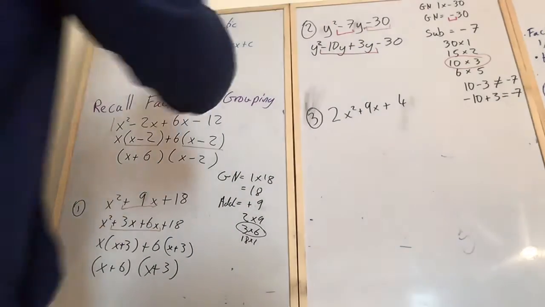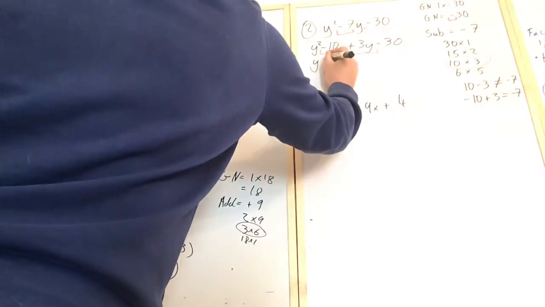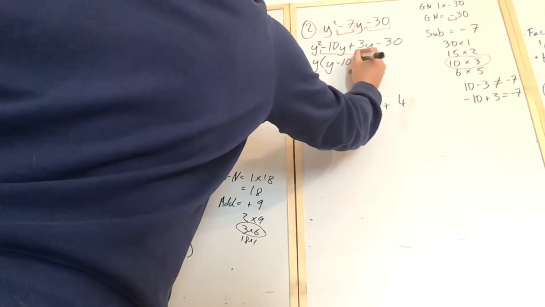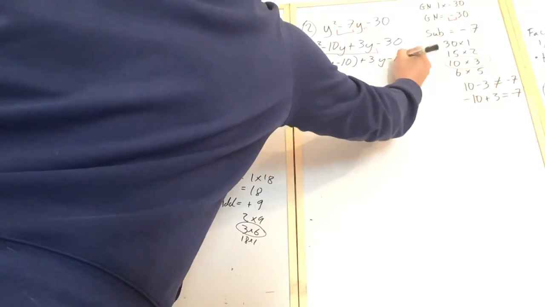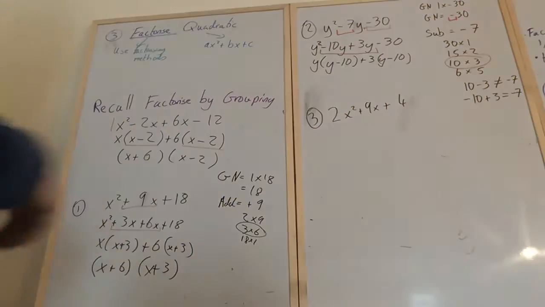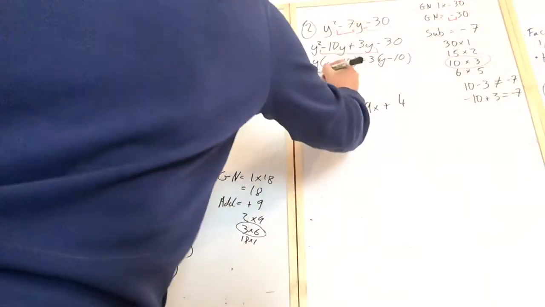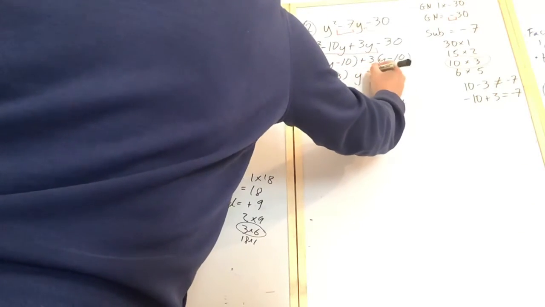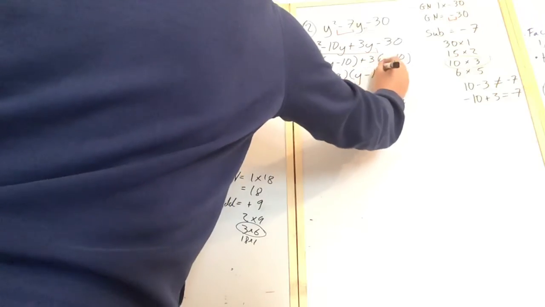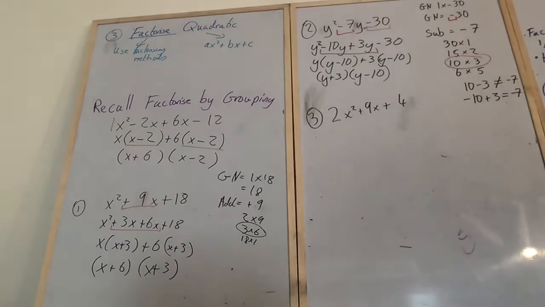So we'll factorize as so. y into y minus 10, then we have plus 3 into y minus 10. We just take a little check, both brackets are the same. So we have y plus 3 by y minus 10.